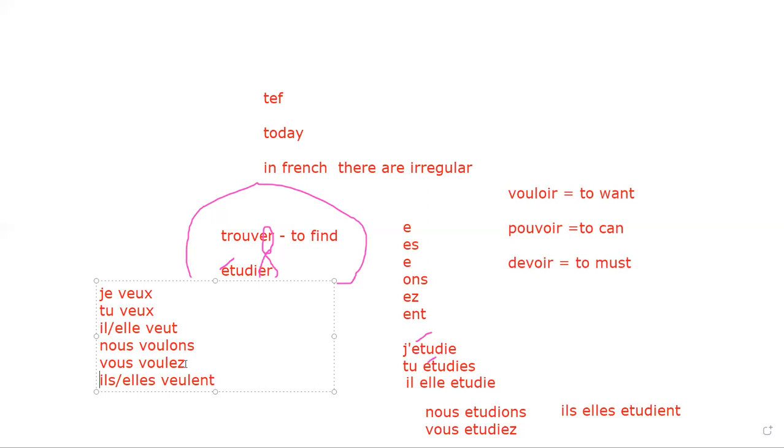Okay. Now same, we have the verb pouvoir. Pouvoir is my verb to can. So instead of veux, because it's starting from P, I can say je peux is to I can. Tu peux is to you can.